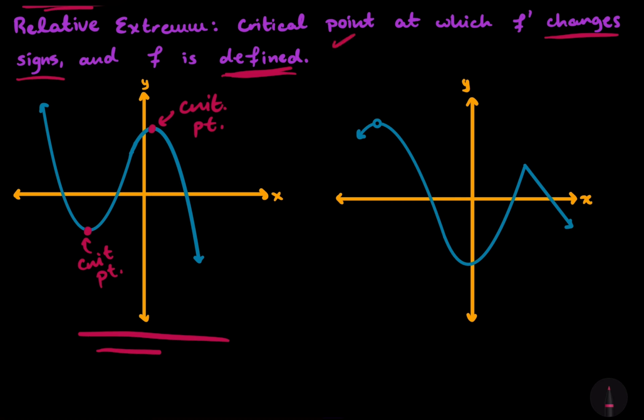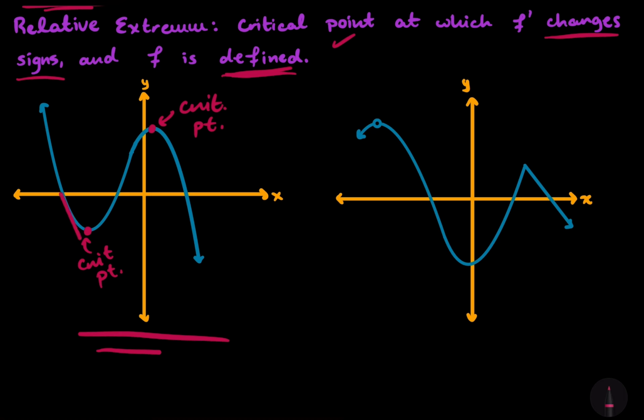Now, why does it make sense that this is a maximum given this definition, or a minimum given this definition of a relative extremum? Well, does f prime change signs? If we take a couple of points before our critical point over here, for example this point, and approximate the tangent line, it may look something like that.